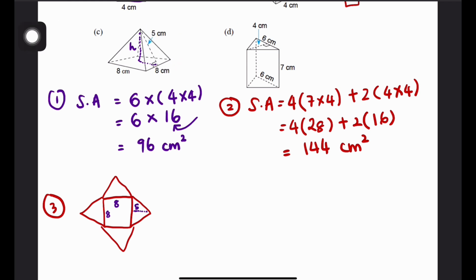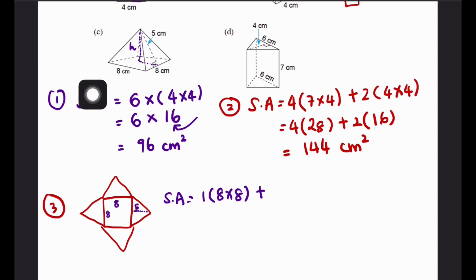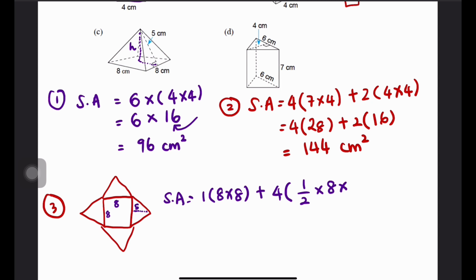So the surface area is equals to, so we have one shape of square, so 8 times 8 plus we have 4 shape of triangle, so 4 times the area of triangle is 1/2 times base is 8, height of the triangle is 5.